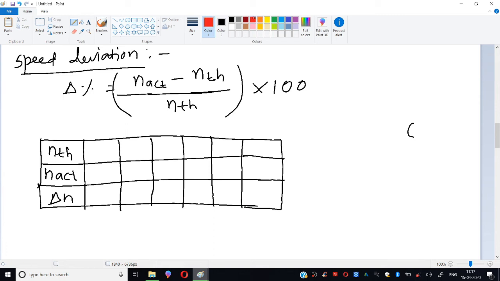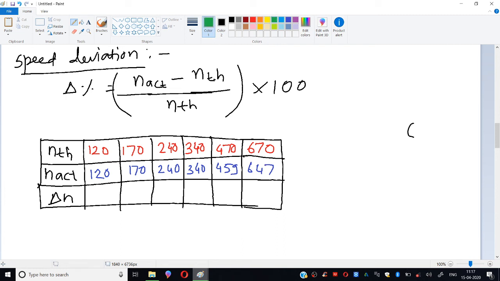In this case, the first one is 120 rpm, then 170, then 240, then 340, then 470, and the last one is 670 rpm. In the actual case we have 120, 170, 240, 340, then 459, and the last one is 647.